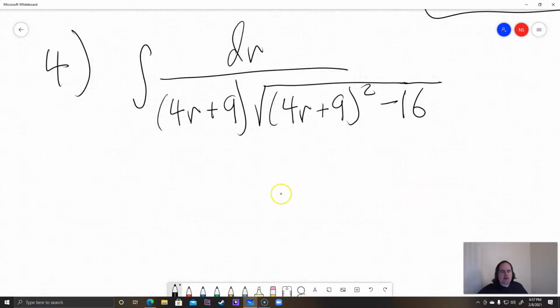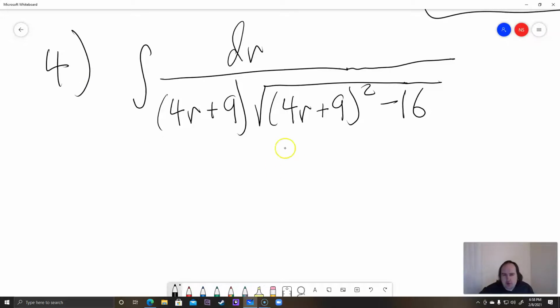Okay, so we have the integral of dr all over 4r plus 9 times the square root of the quantity 4r plus 9 squared minus 16. So this one looks scary because it has so much going on.